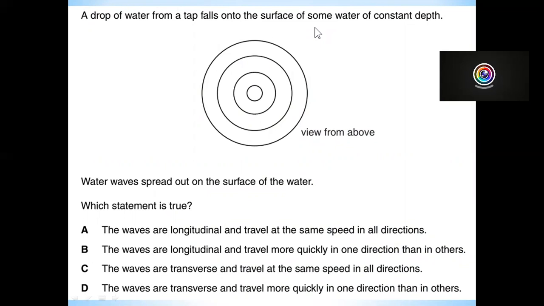A drop of water from a tap falls onto the surface of some water of constant depth. Water waves spread out on the surface of the water. Which statement is true? Attempt this question and send me the answer.